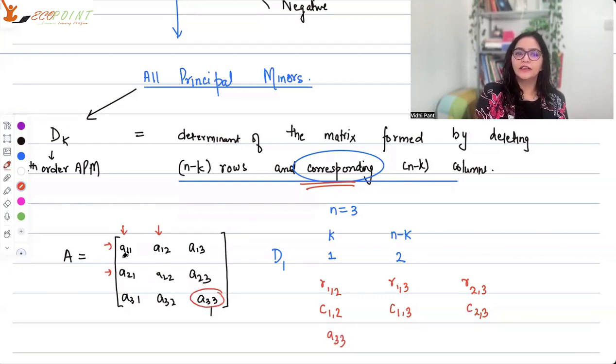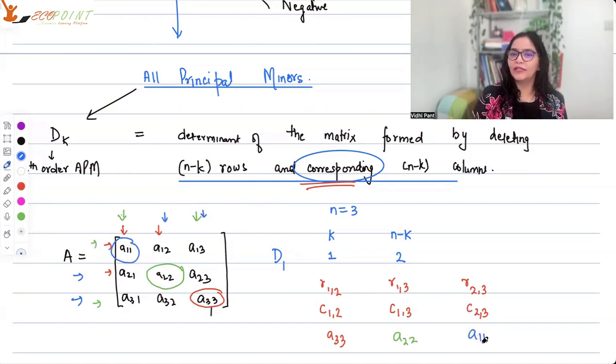If you delete row 1, 3 and column 1, 3, what do you think will be left? Just A22. If you delete row 2, row 3, and column 2, column 3, what will be left?